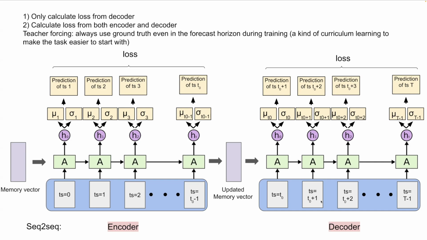And based on this number with a very large error, we probably will not be able to get a very good prediction for T naught plus two. So what you can do instead during training is always use the ground truth for the target horizon. Instead of using our prediction, we always use the ground truth. This can be thought of as a kind of curriculum learning to make the task easier to start with.